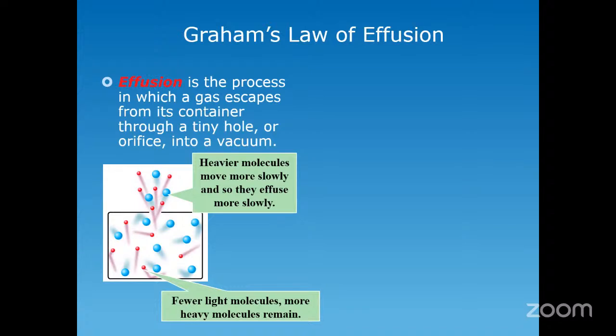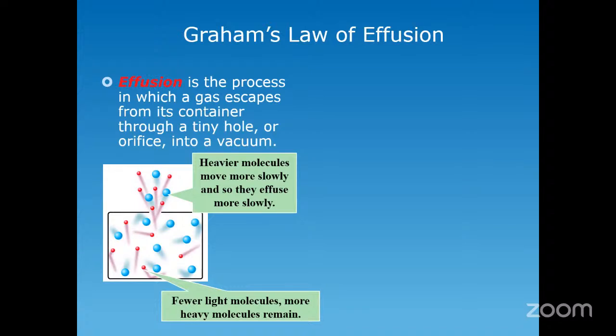Diffusion is where you have one gas being spread into another gas. In effusion, what is happening here is that you have the gas particles escaping through a tiny hole from its container into a vacuum. All right, so that's the difference between effusion and diffusion. And the thing about effusion is that we can use this as a way of applying the equation that we met before, which deals with the root mean squared speed.